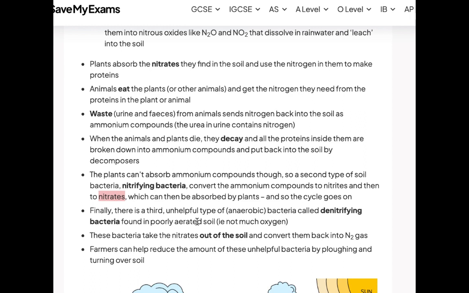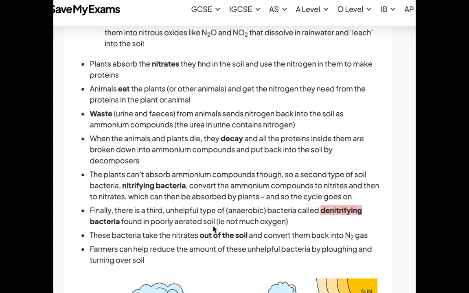There is a third type, an anaerobic bacteria called the denitrifying bacteria, found in poorly aerated soil. So we have nitrifying bacteria which convert ammonium to nitrite to nitrate, and then we have denitrifying bacteria which will return the ammonia into nitrogen.